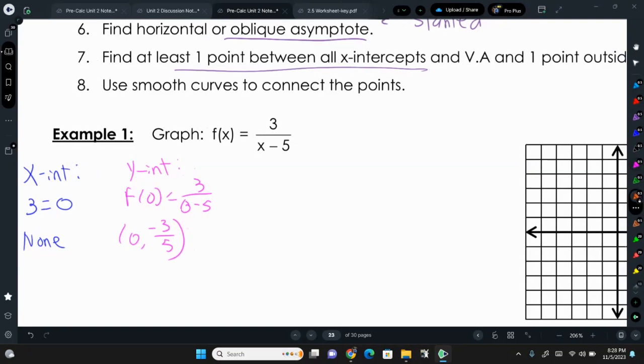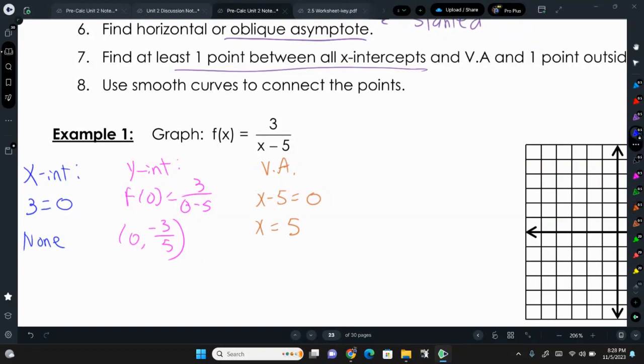That is our y-intercept. Then our VA, vertical asymptote, we set the denominator equal to 0. It's always the denominator once you've crossed off any common factors, because you can't have a vertical asymptote and a hole at the same time. So you factor, find any holes in your graph, and then set the remaining denominator equal to 0.